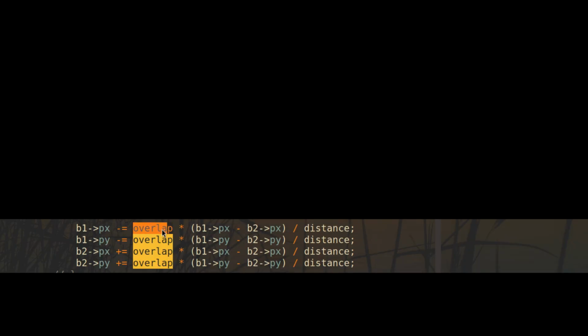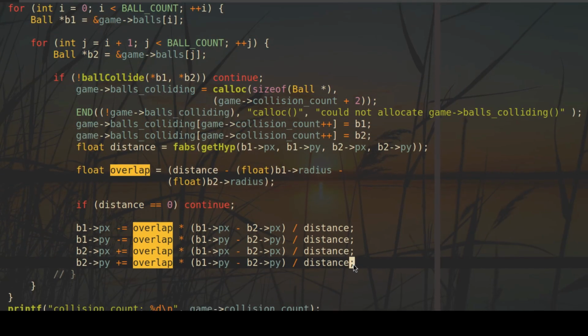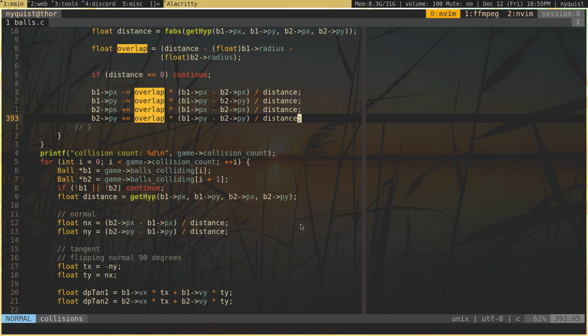And then if we multiply it by our overlap, it'll give us our overlap in a specific direction for x and y. And we're doing that, and we're taking ball 1 and moving it in the opposite direction, and then ball 2 and moving it in that direction. So yeah, that's what's happening there.